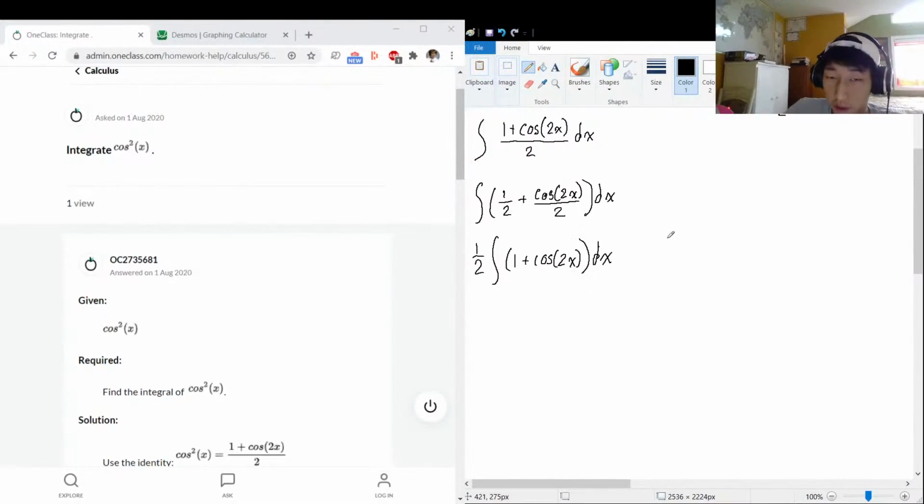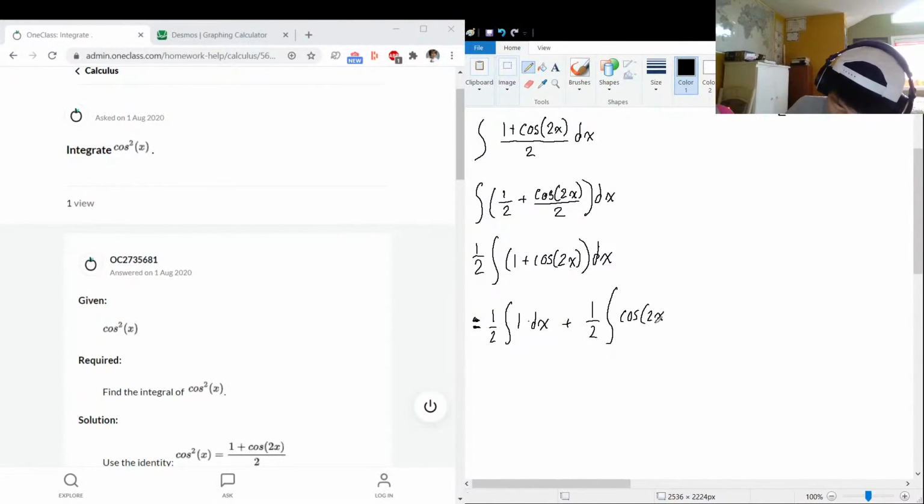So we can further rewrite this as 1/2 the integral of 1 dx plus 1/2 of the integral of cos 2x with respect to x.